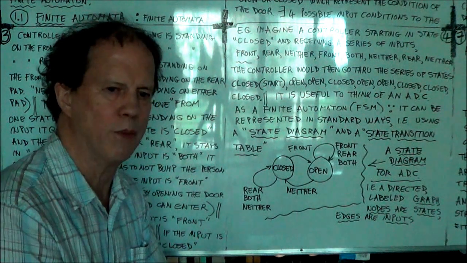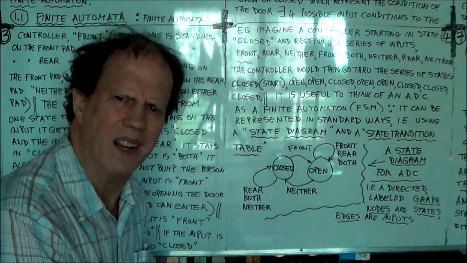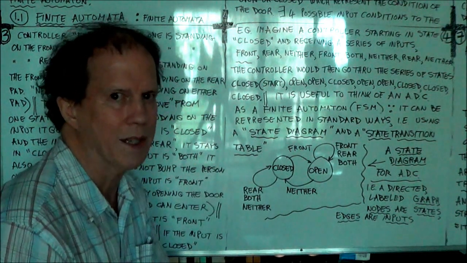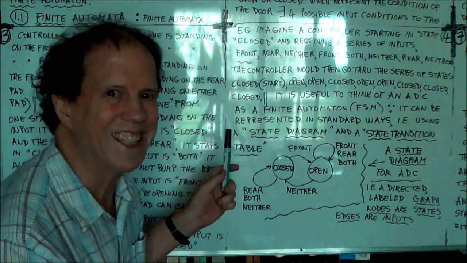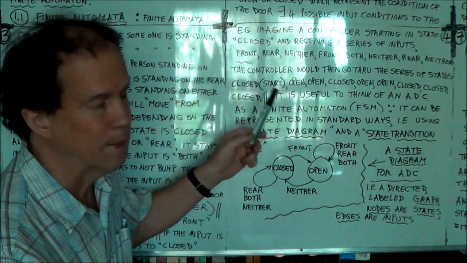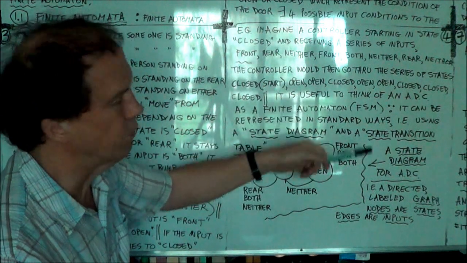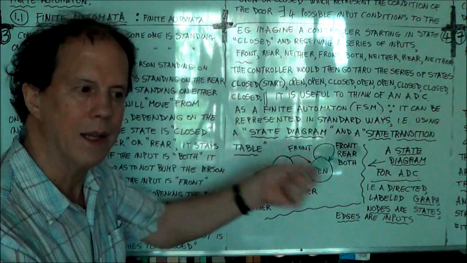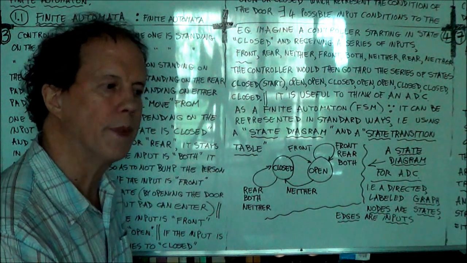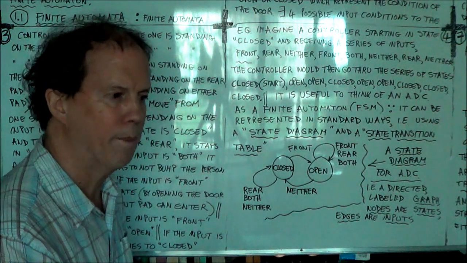Because if you start with the formal definition first, it won't mean anything to you. It'll just be a bunch of symbols and you won't be able to relate to it. So for didactic reasons, we are doing this overview first, and then later we will give a formal mathematical definition of a finite automaton.